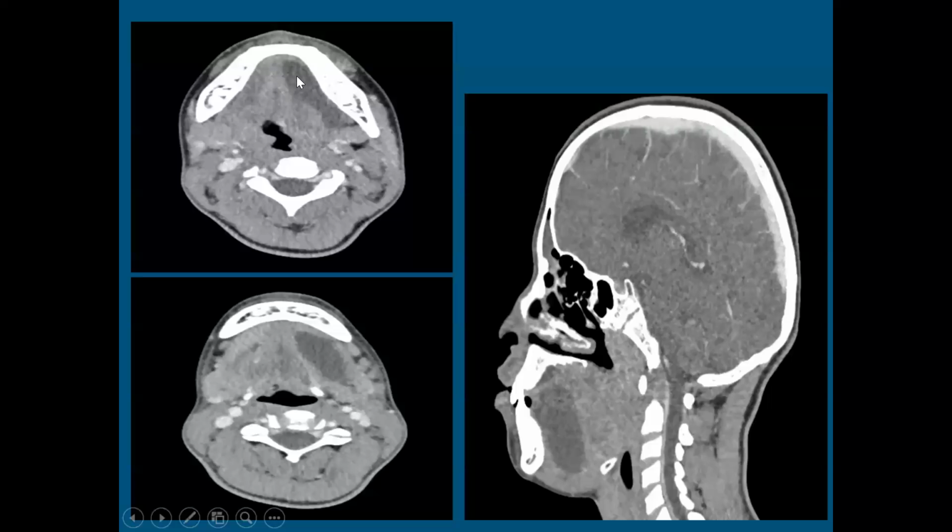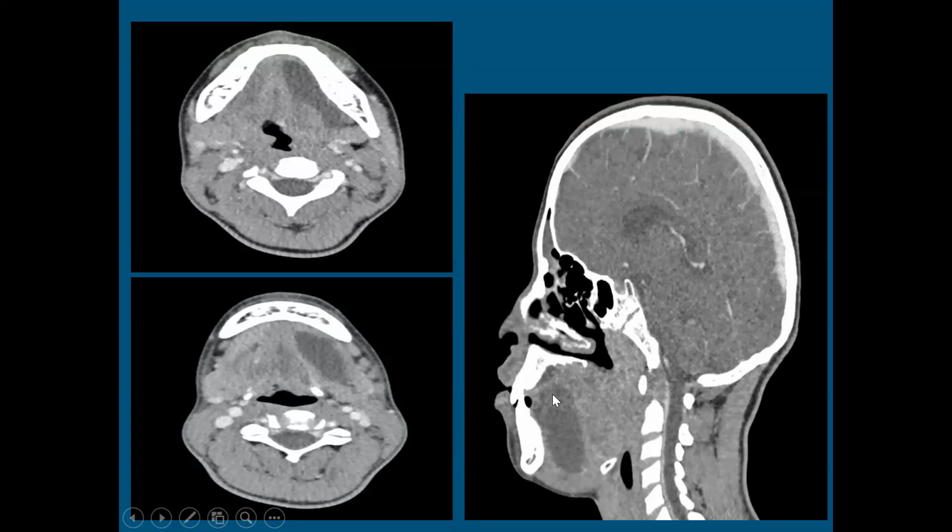And laterally, in the sublingual space, we have this cystic lesion, which is also seen extending inferiorly into the submandibular space. So these are the submandibular glands, and you can see the cystic lesion extending inferiorly into the submandibular space as well. This is the corresponding sagittal image to note the extent of the lesion.